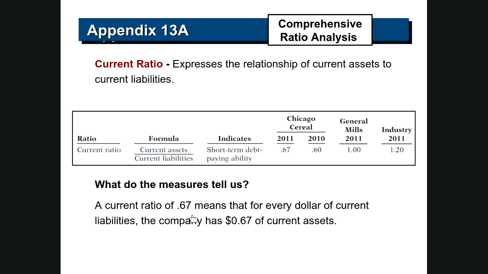Liquidity means, let's take a simple example. Let's say you have only one current asset, cash. You have $100 in cash, and you have only one current liability, accounts payable, of $200.